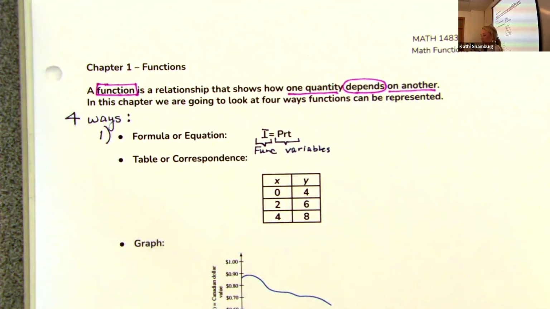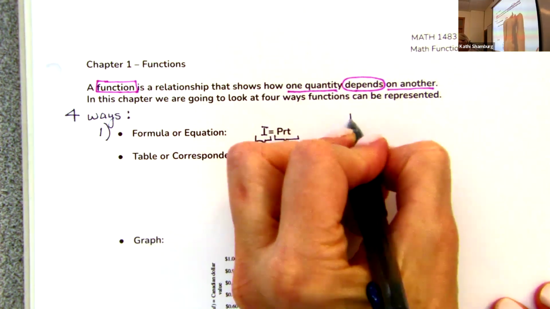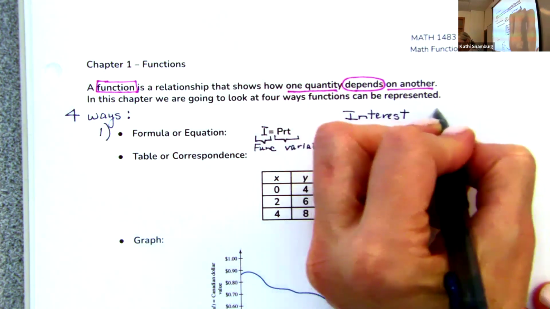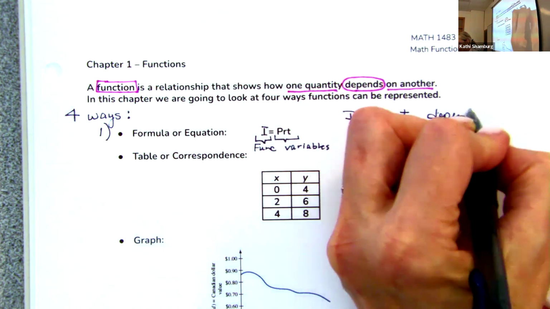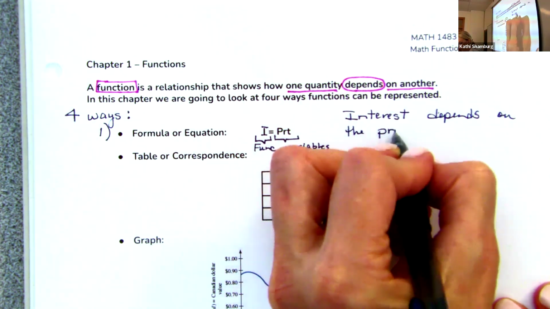All right, now notice I circled the word depends in that sentence. Okay, so what depends on what in this particular equation? In this particular equation, the amount of interest depends on the principal.